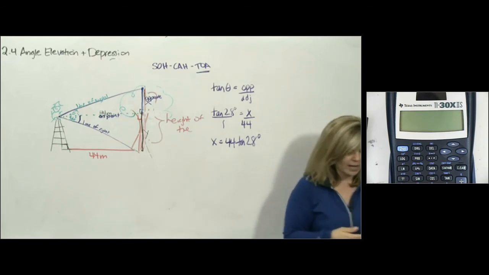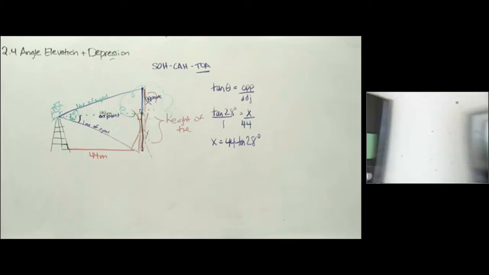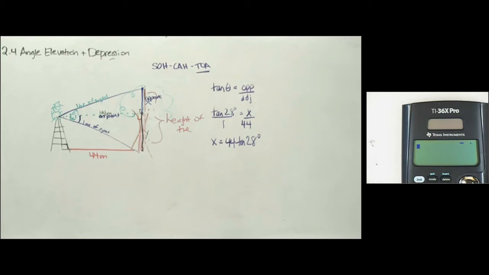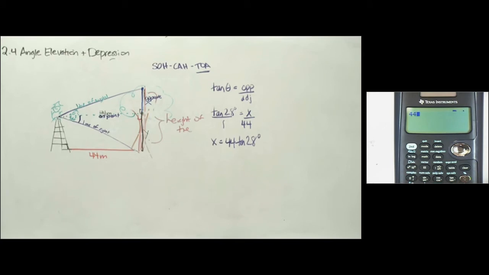So let's walk over to our calculator. All right. So I'm going to pull the pro out this time. What mode do I have to be in? Degrees. I type what I read. I type 44, I hit my tangent button, and I put 28 degrees, and I close it.